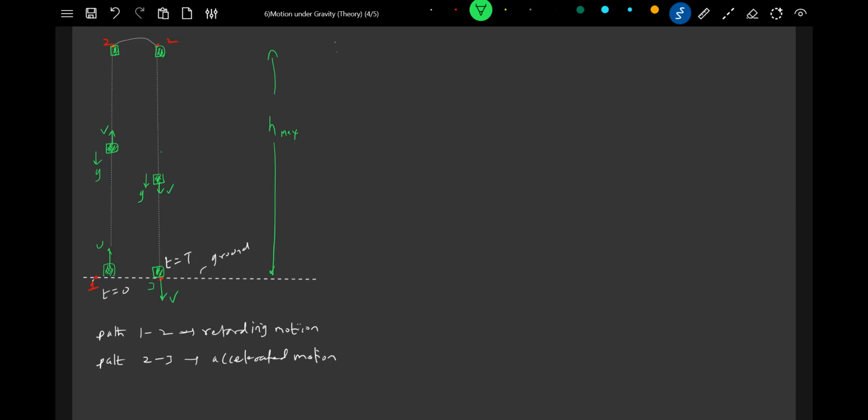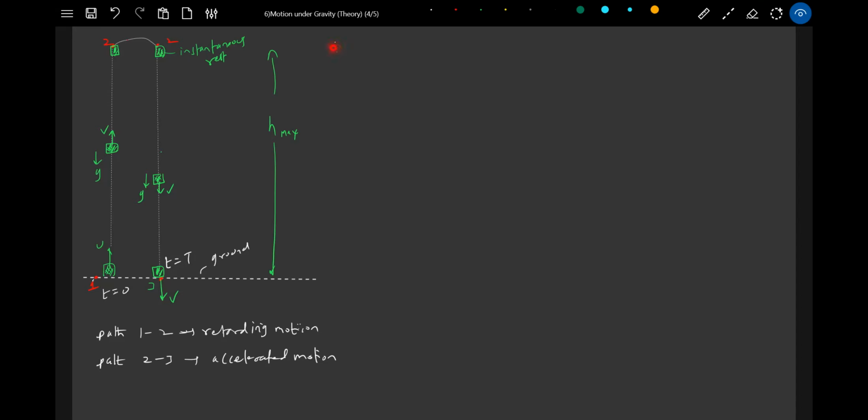We don't know. Okay, let's cross-check. For path 1 to 2, the equation will be here. What is the state here? Instantaneous rest. For a moment, it will be at rest here. Same thing here also, instantaneous rest.